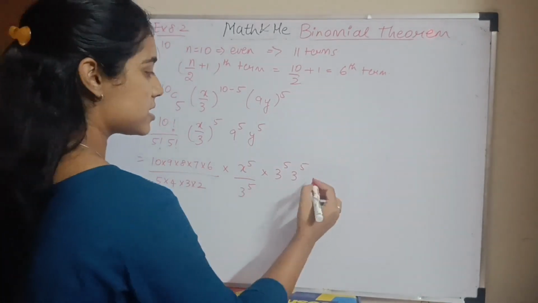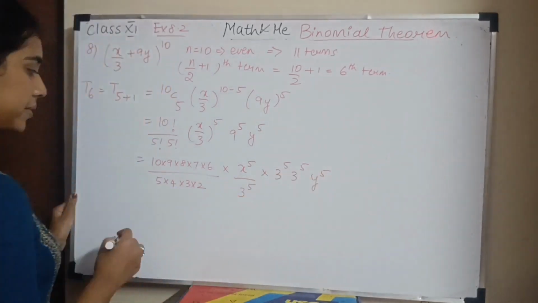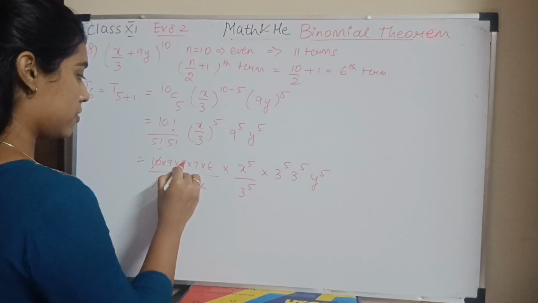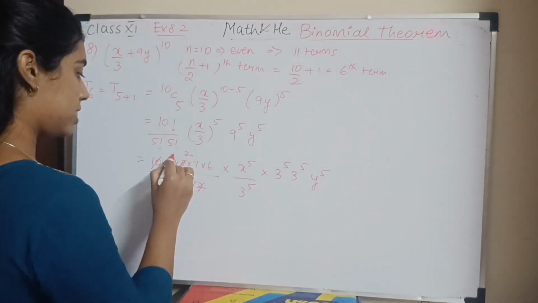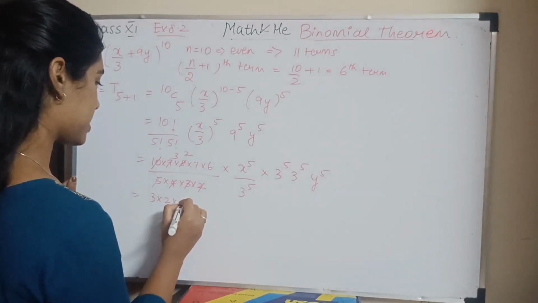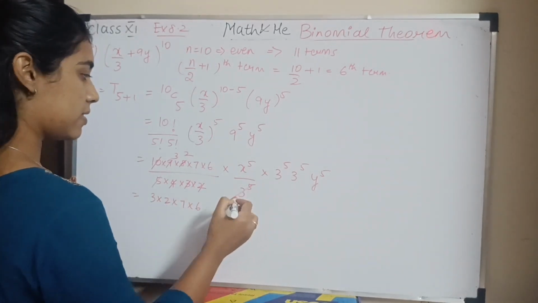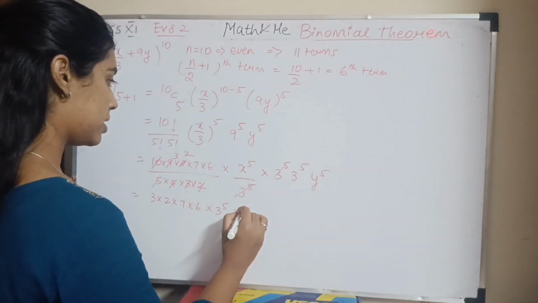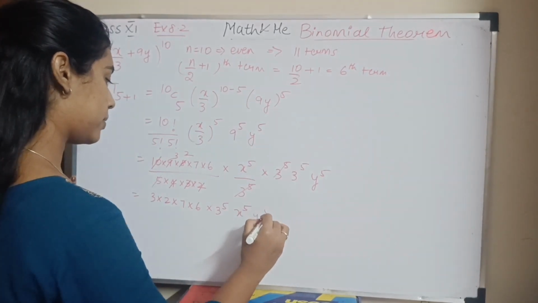So I can write it like this, times y power 5. Here I can cancel: 5 2s are 10, 4 2s are 8, 3 3s are 9. So I have 3 times 2 times 7 times 6. This gets cancelled, times 3 to the power 5, x to the power 5, y to the power 5.